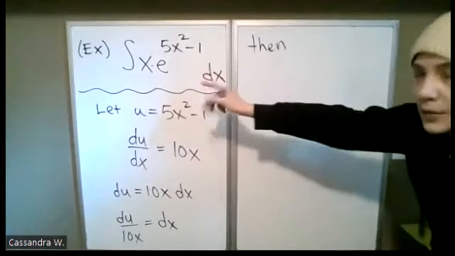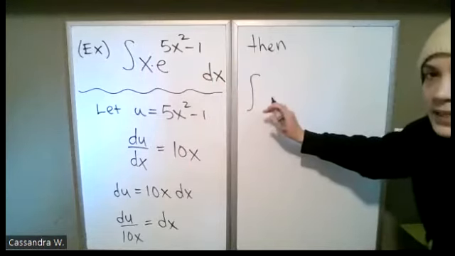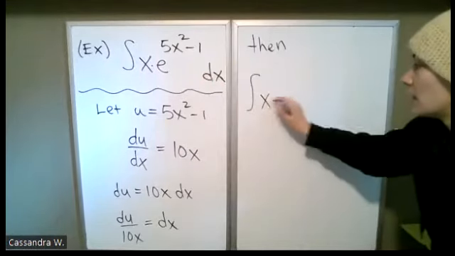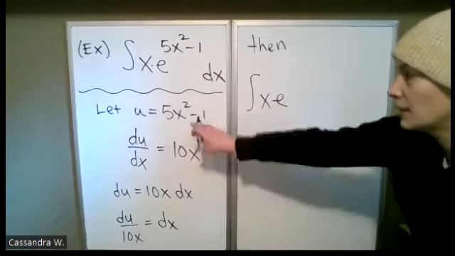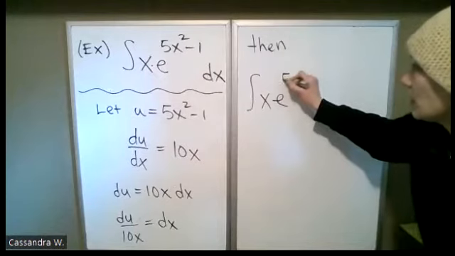Okay, so we're taking our integral of x times e to the power 5x squared minus 1, but we're going to put in u.